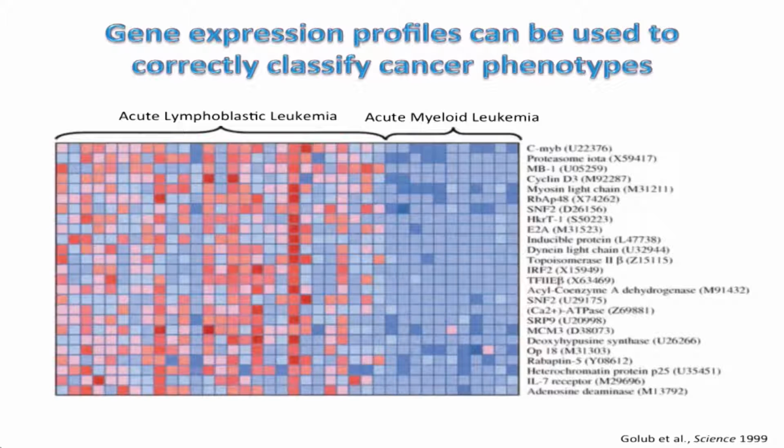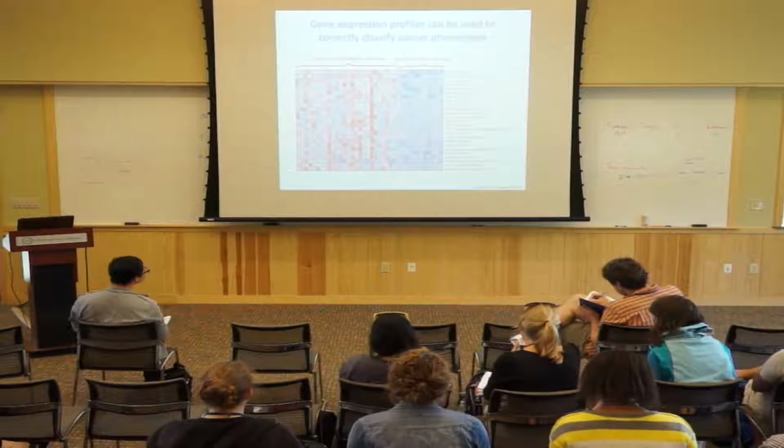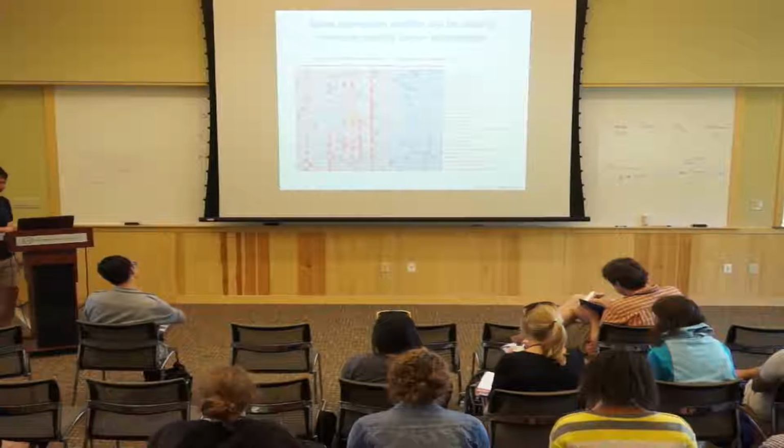For example, here, the 2 phenotypes are acute lymphoblastic leukemia and acute myeloid leukemia. And they showed how just looking at the average expression profiles of just a handful of genes can be used to correctly classify with a high degree of accuracy different cancer phenotypes.